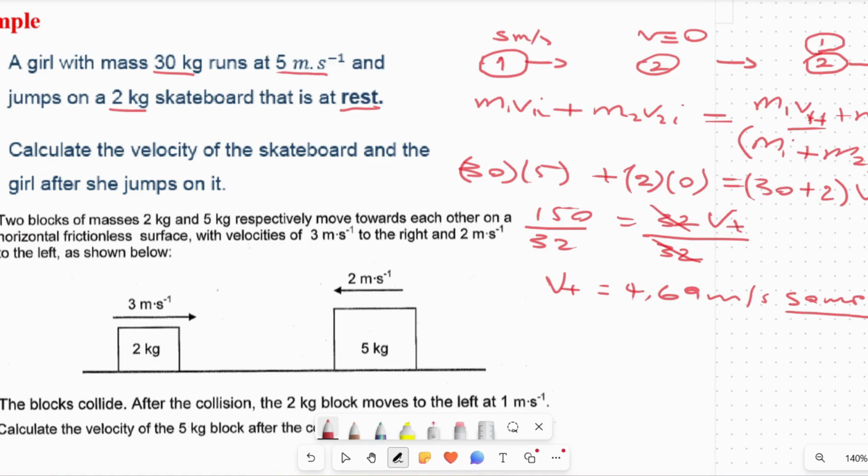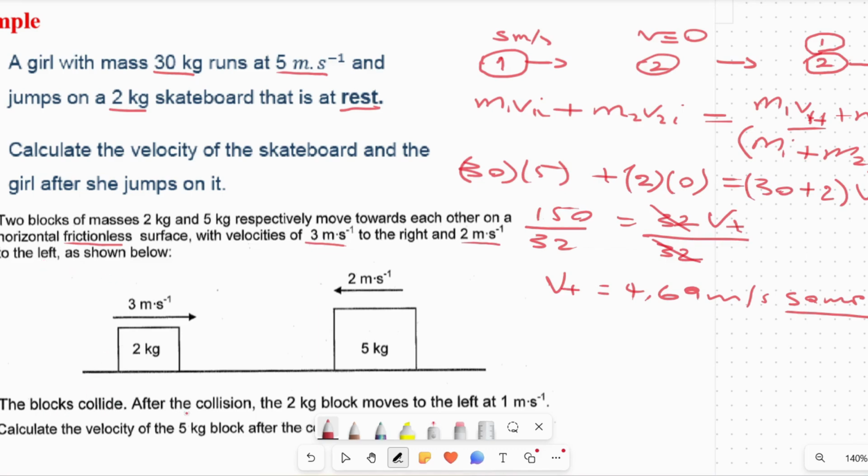All right, so now let's look at number 2. What does number 2 say? It says that 2 blocks of mass 2 kilogram and 5 kilogram respectively move towards each other on a horizontal frictionless surface, so it means there is no force by the surface, with a velocity of 3 meters per second to the right and 2 meters per second to the left, as shown in the diagram below.